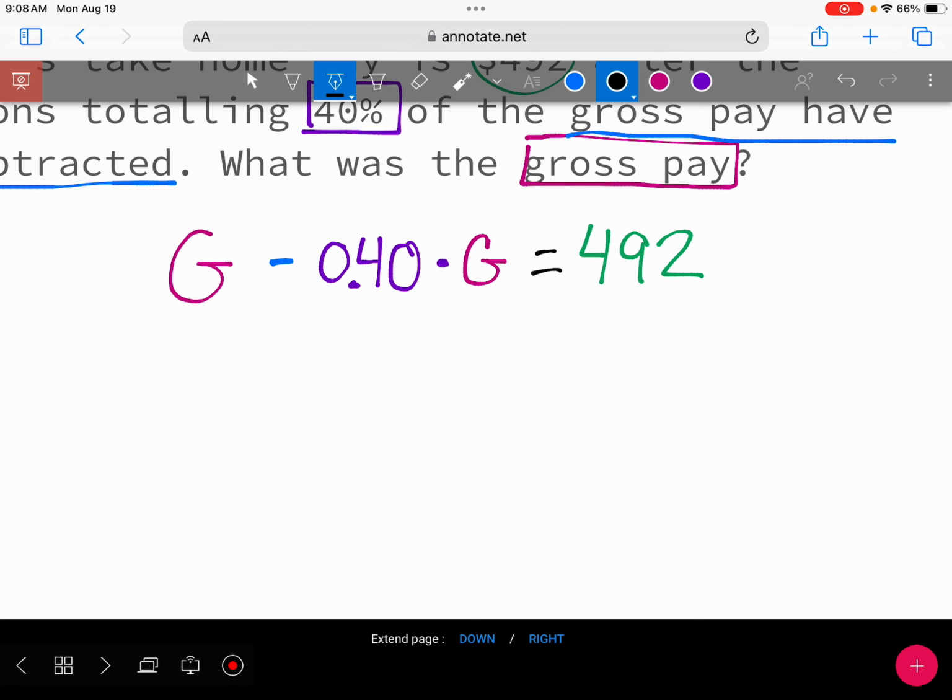If I have G minus 0.4 times G, simplify that first. Because this is 1G minus 0.4G. How many G's? 0.6G. 1 minus 0.4?